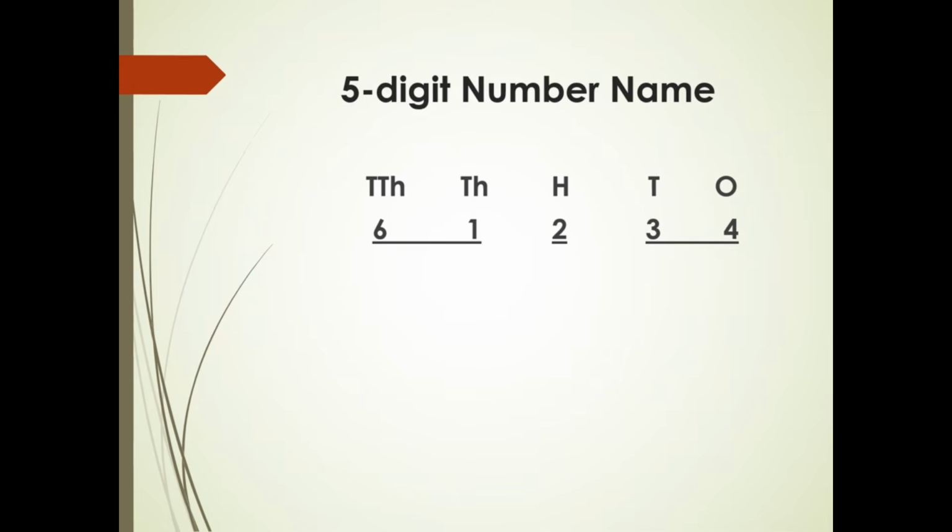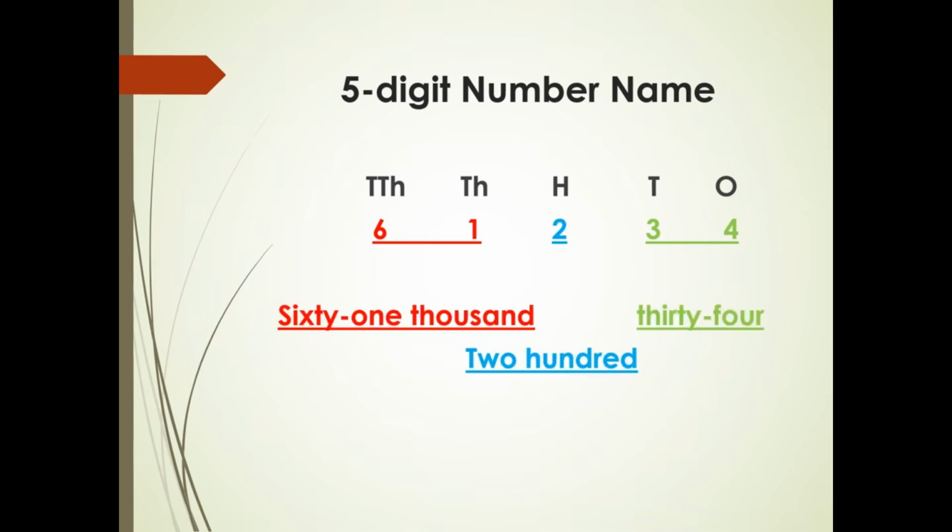Here we take an example. In the case of 5-digit numbers, tens and ones are again named collectively, the hundreds column is named separately, and the 1000 and 10,000 are also named collectively, which means the 10,000 and the thousands number will be named as 61,000.